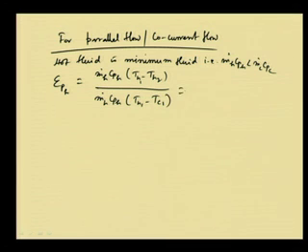Okay. So, this cancels, and it becomes Th1 minus Th2 by Th1 minus Tc1.